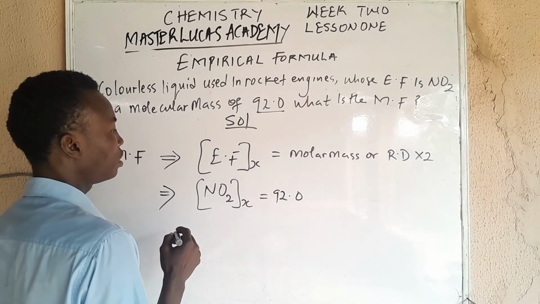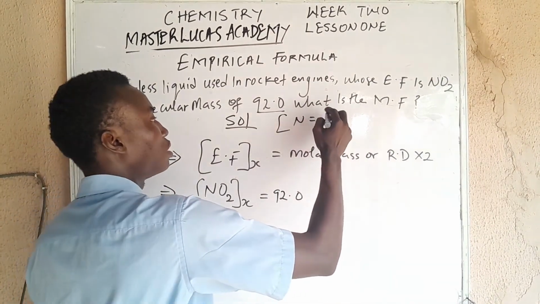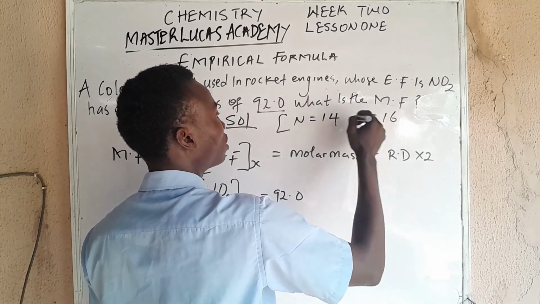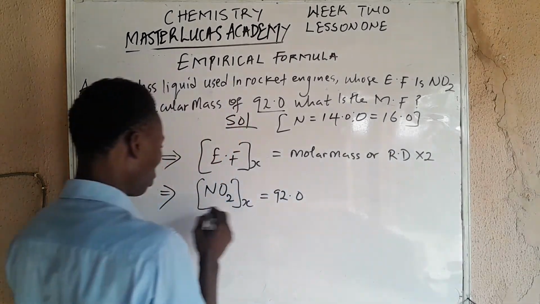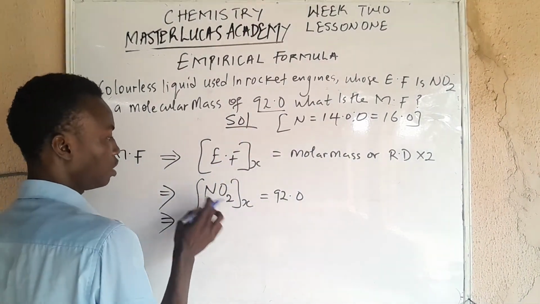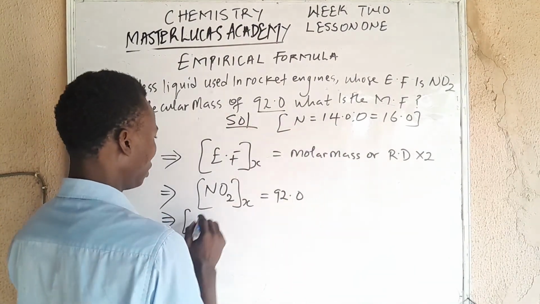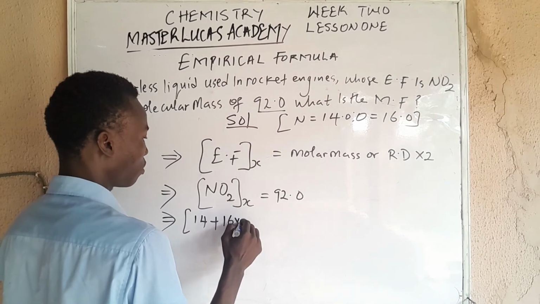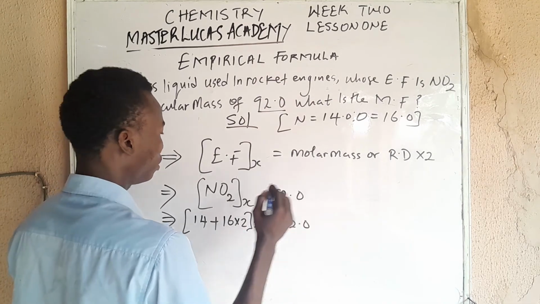Now, from what you have in this place, recall in chemistry, N equals 14, O equals 16.0. So N is 14, plus oxygen 16 times 2. Okay, x in this place equals 92.0.